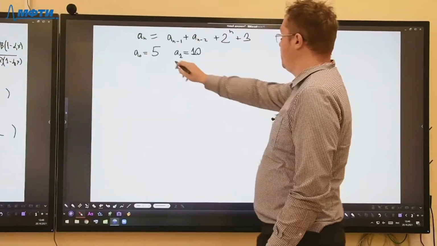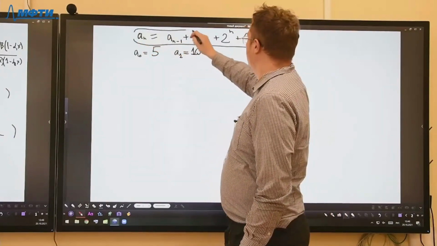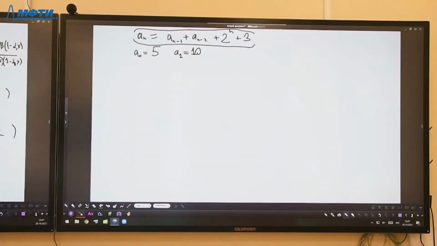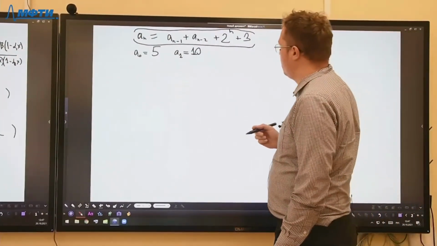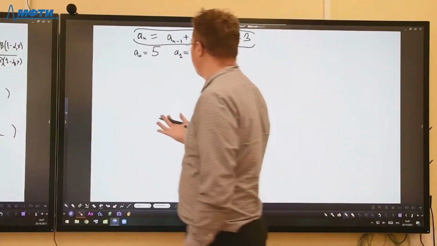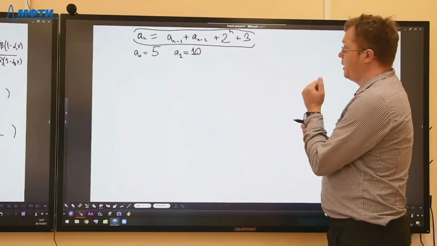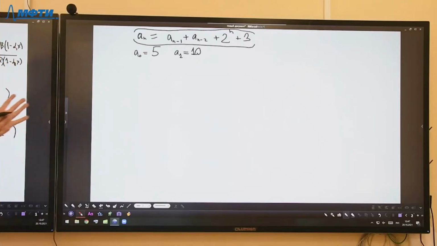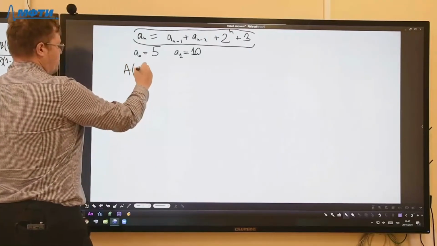So can we find the formula for an using generating functions? Let me start with the same idea, and then we will think about how we can modify our previous solutions to find the answer in this case. So we look at the generating functions.